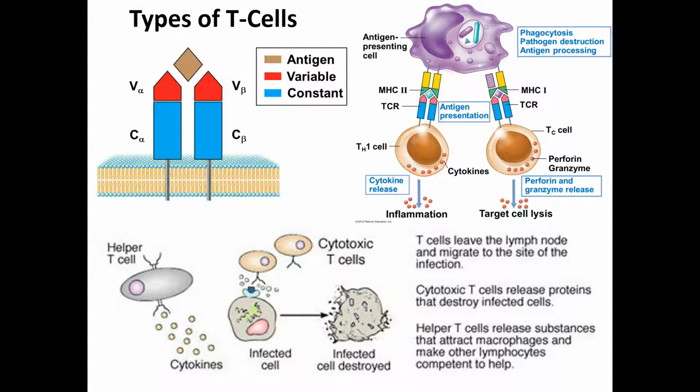Alright, so your Th1 T helper cells release these cytokines. These cytokines promote inflammation. Alright, these chemical messengers also trigger your CD8 T cells to become activated.